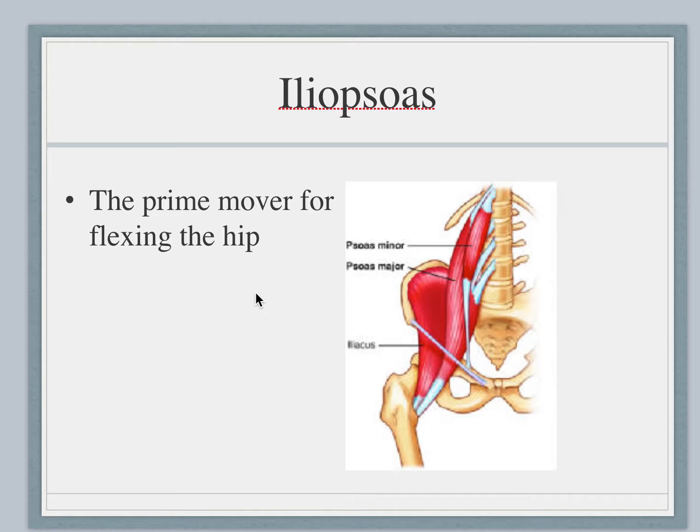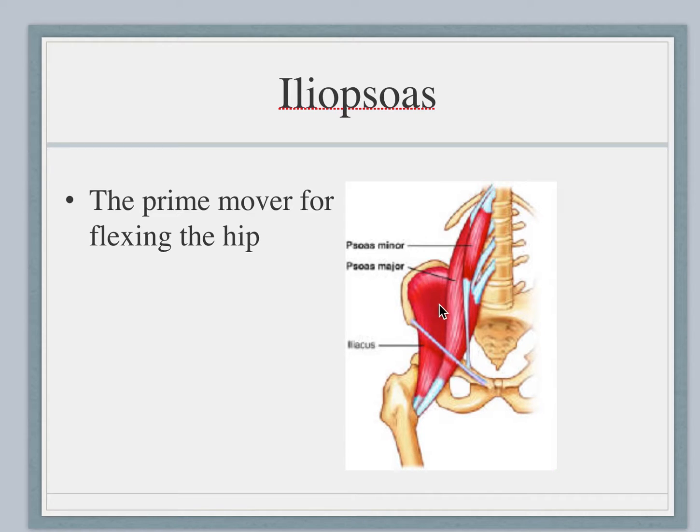Now we're going to move down into the hip. The iliopsoas muscle is actually 2 muscles that are combined: the psoas major muscle and the iliacus. The iliacus comes from the iliac crest, so the name gives you a clue as to where it's coming from.